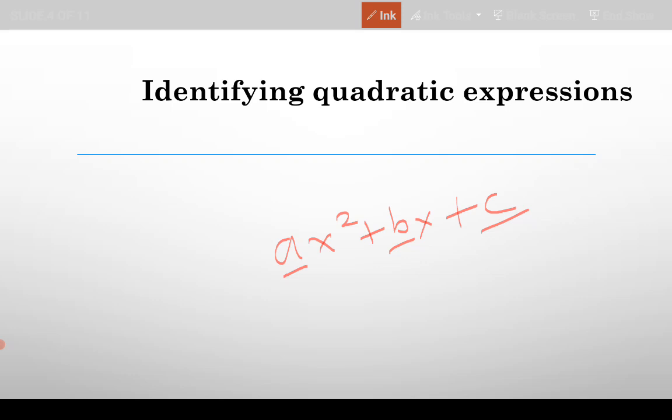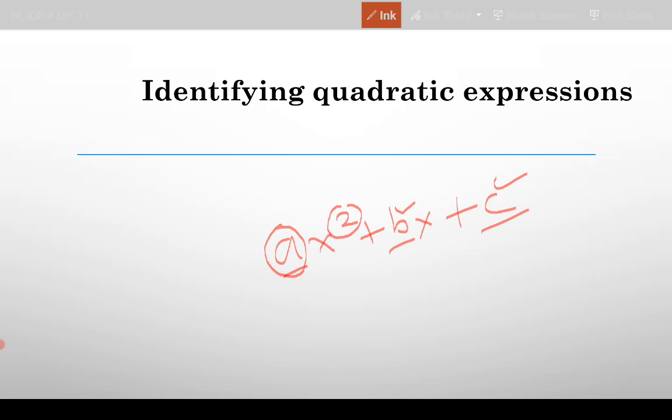Also take note that the highest power of the unknown is 2. No matter how beautiful an expression may look, if it doesn't meet these criteria, then it is not a quadratic expression. The term a should not be equal to 0. The others can be zeros, but a should never be equal to 0.